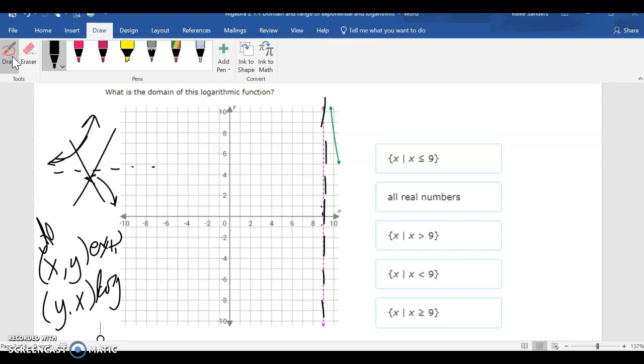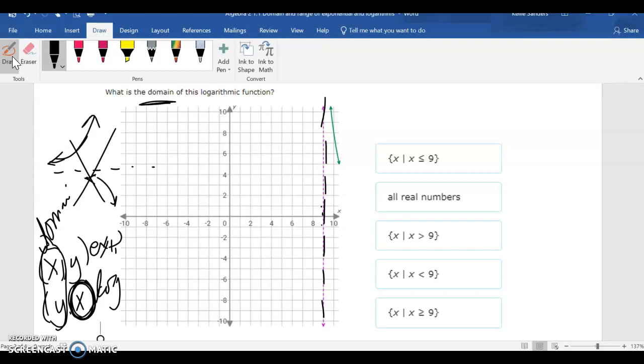If the domain is always all real numbers for the x's, then the range, because it's switched in that spot, is always all real numbers for logarithmics. So the domain, let me say that one more time. The domain of exponentials is always all real numbers, and the range of logarithmics is always all real numbers.